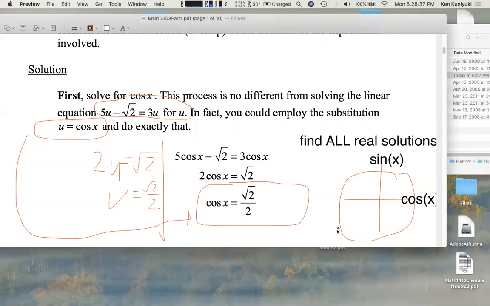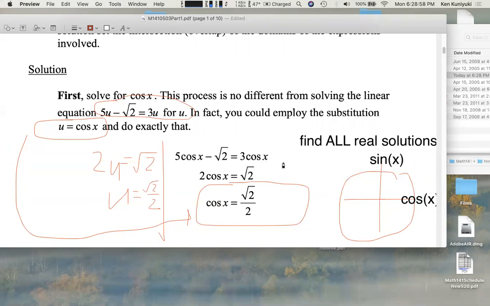Okay, because it can be a bit confusing. It is true that cosine of x is like an angle here. Cosine of x is like the x coordinate on the unit circle. It's the horizontal coordinate. Okay, so we want to know in what two quadrants is cosine of x positive?